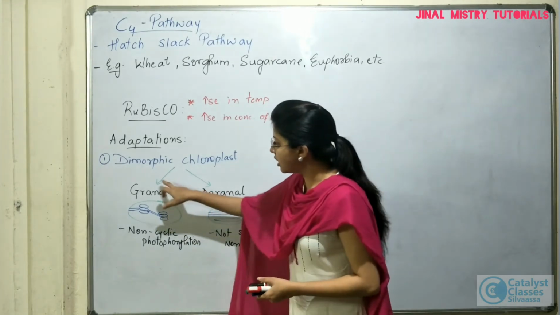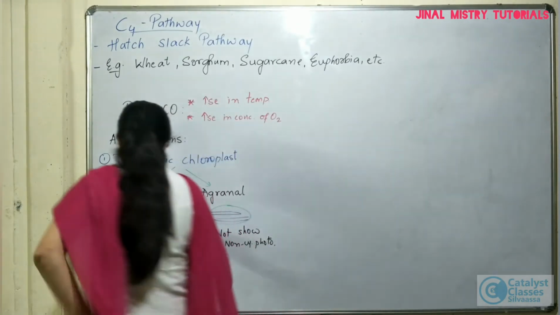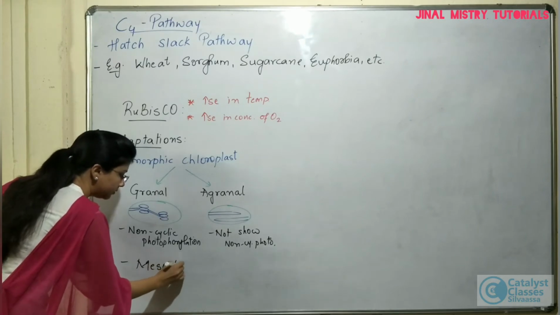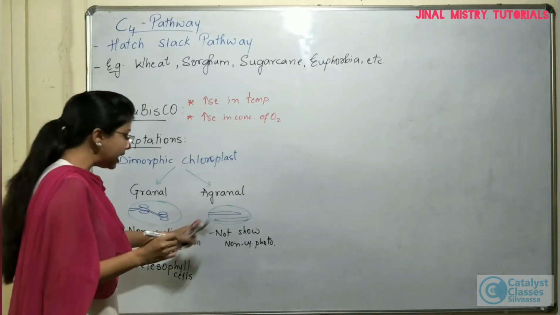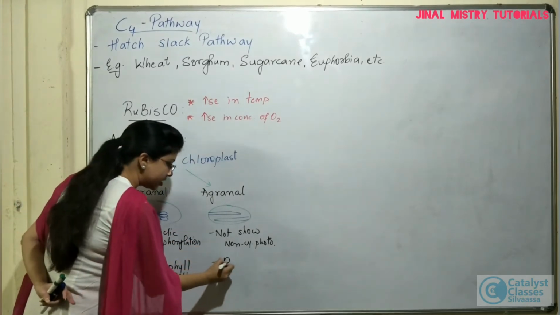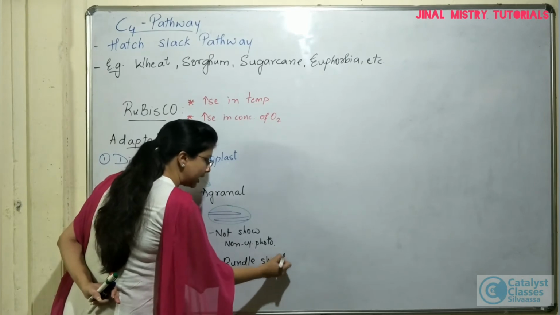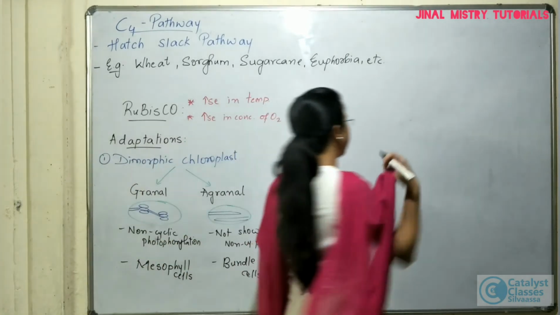So basically, the granule chloroplast in the C4 plants is present in the mesophyll cells, whereas the agranule chloroplast is situated in another type of cells, which are called the bundle sheath cells. Now, what are these bundle sheath cells?